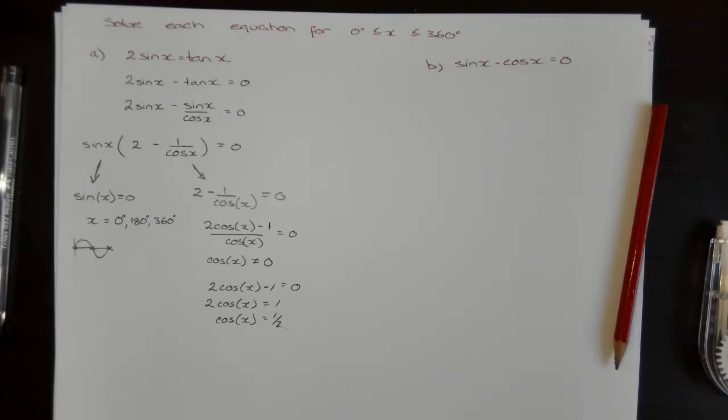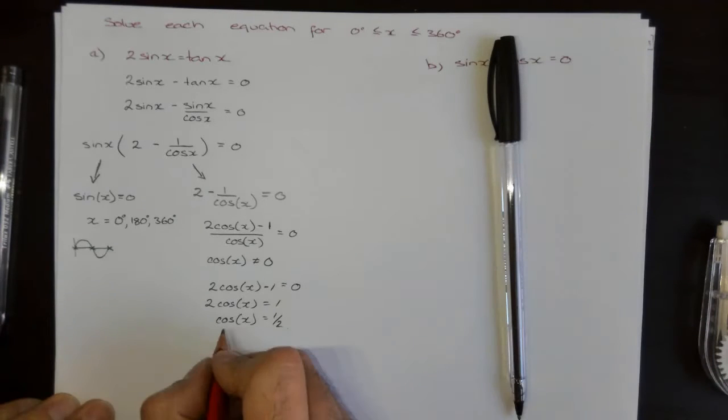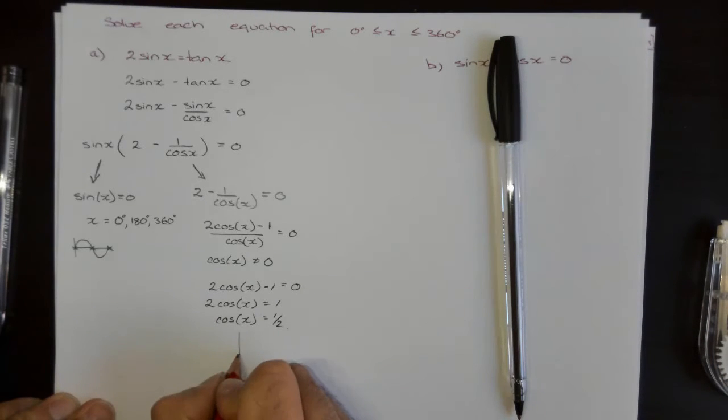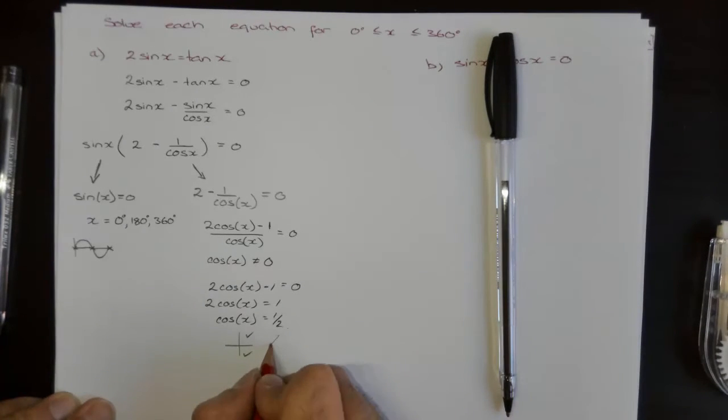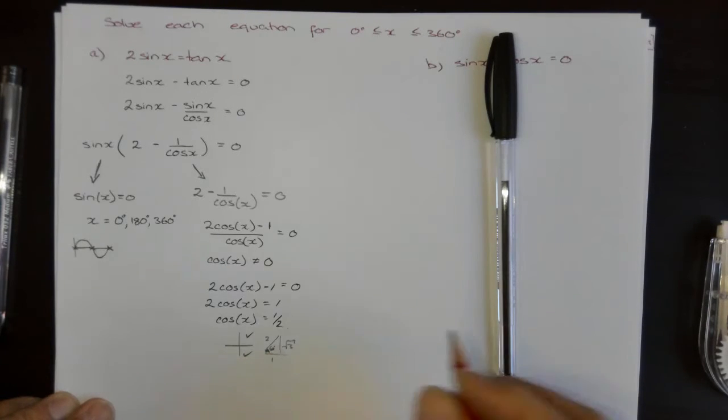So where does cos x equal a half? Well, cos is positive in the first and fourth quadrants. Using our exact triangles, we've got 2, 1, square root 3. Cos is adjacent over hypotenuse, so it's this angle, which is 60 degrees.